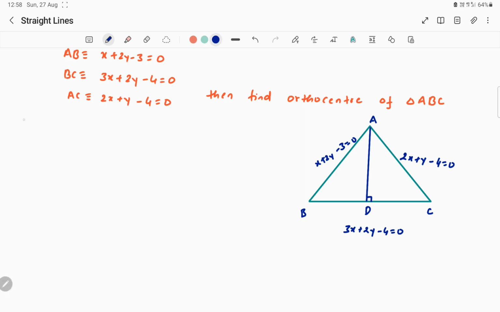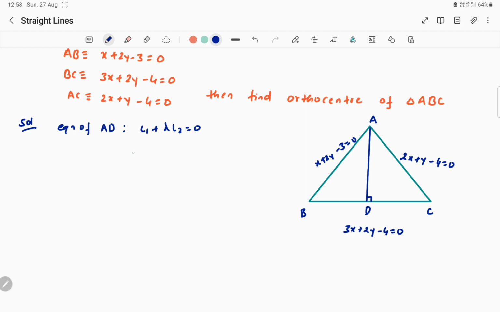Okay, so solution. What will we write? Let's say the equation of AD can be given as L1 plus lambda L2 equal to 0. Okay, means AB equation plus lambda times AC equation.